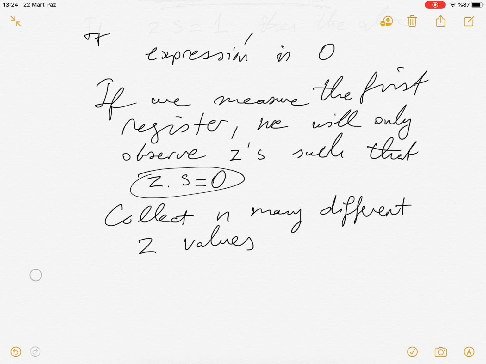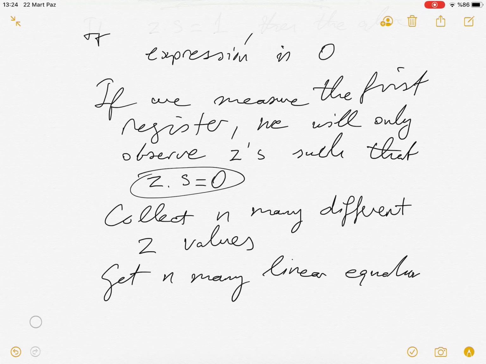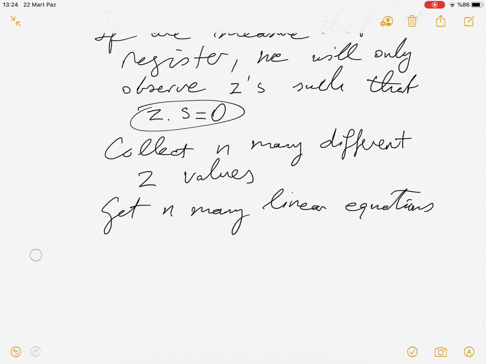And then we get n many linear equations, and finally we can apply classical methods we know from linear algebra, like the Gaussian elimination method, for example.